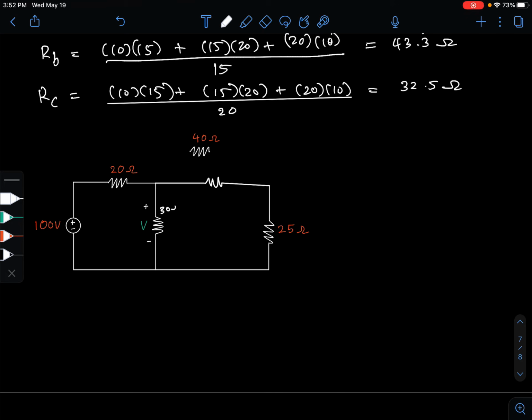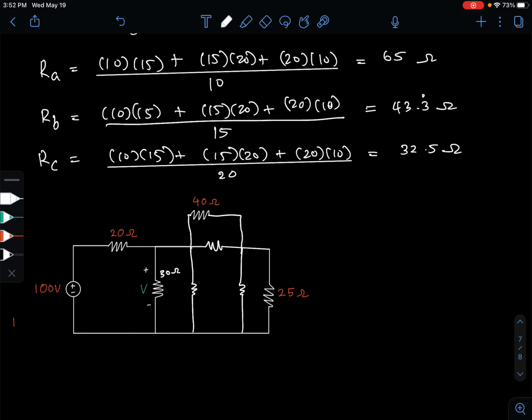This is 30 ohms. We also got another resistor over here, and this is connected right over here. And that is our circuit. So let me write in these values. This is 65 ohms, which is RA. RB is 43.3 ohms. And RC is 32.5 ohms.